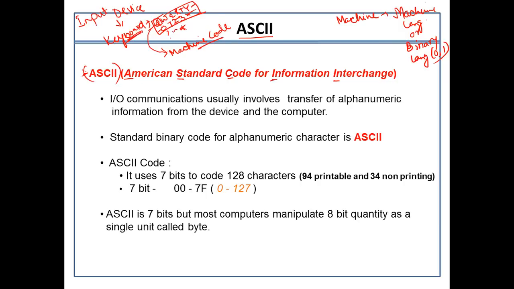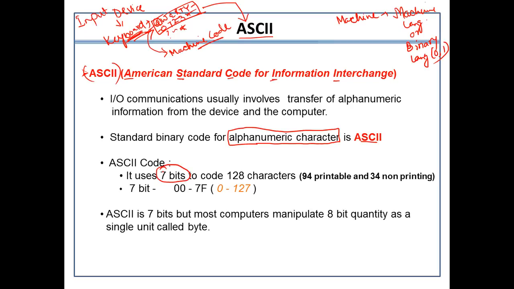Because this keyboard remains the same throughout the world, we have one standard fixed for how this Q will be interpreted, how this W will be interpreted. This standard is nothing but the ASCII standard. Basically, the standard binary code for alphanumeric characters is called ASCII characters.